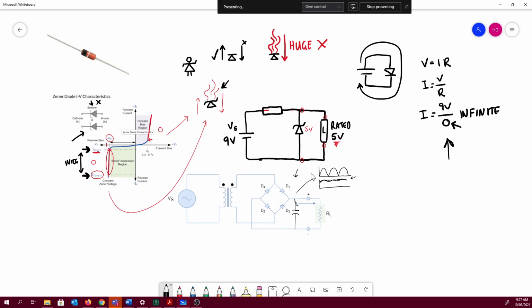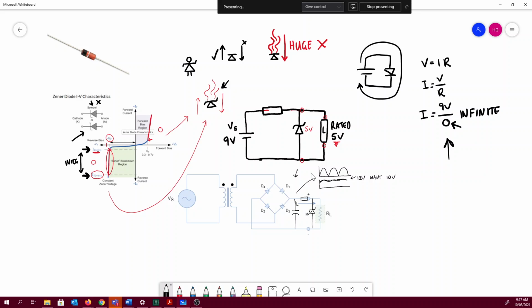Let's say, just an arbitrary value, that this ripple at its peak is 12 volts. And let's say that what we're looking for, what we want, is actually 10 volts. Then what you can do is put a series resistor here, and put a Zener diode here that is rated for an output voltage of 10 volts.